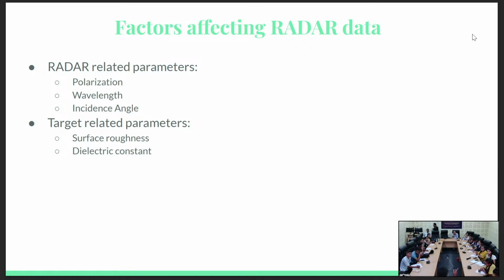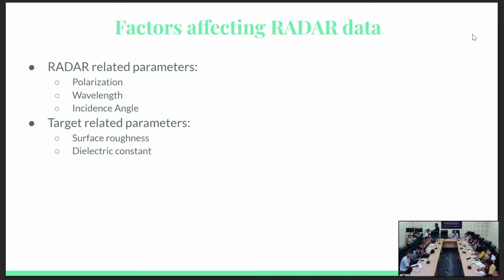That's why we are able to pass through the clouds and see during rain also. So the wavelength of the radar matters, the polarization, and the angle at which the radar is viewing the surface is also going to matter. Based on all of these three things, the data is going to appear differently.